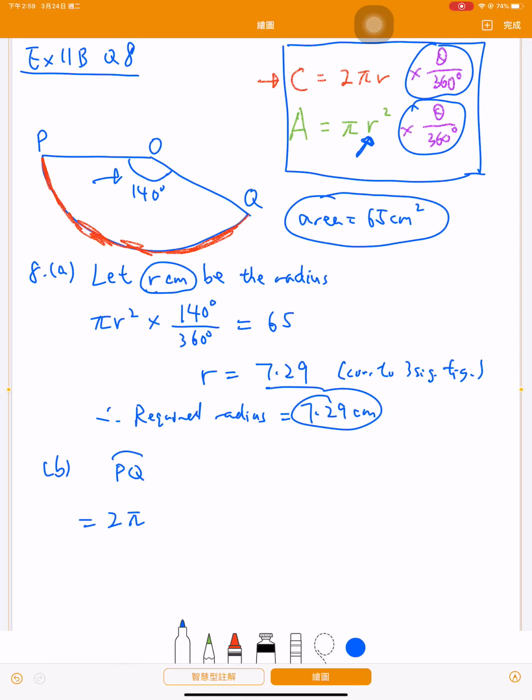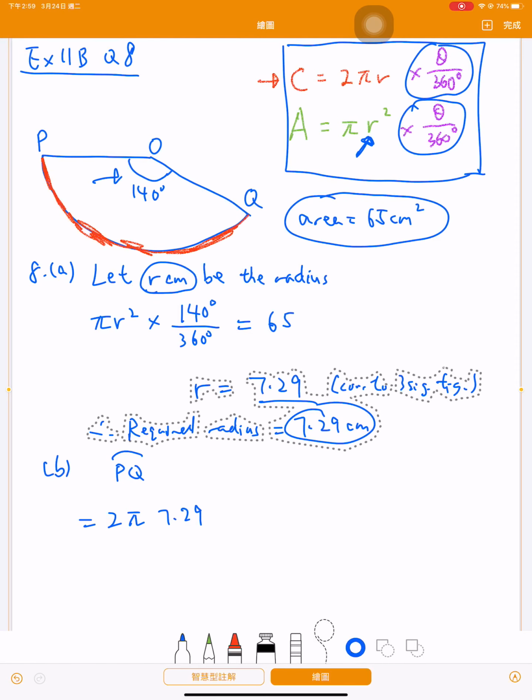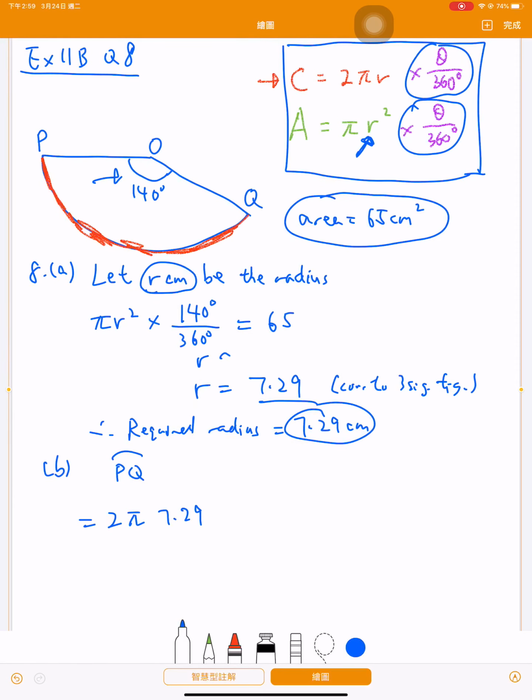But here, I want to remind you that don't just write down 7.29, because in fact 7.29 is just our estimate, right? In fact, r by the calculator, you may find something like 7.29405 blah blah blah, right?